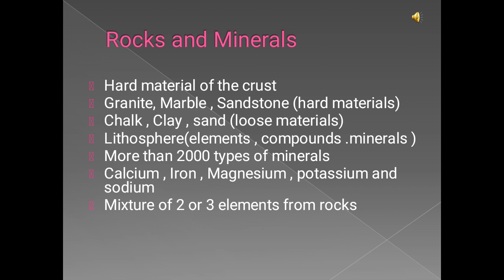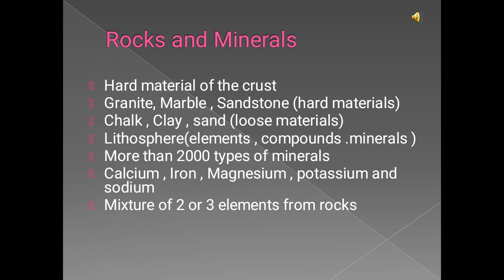They are solid inorganic substances which have a definite chemical composition. More than 2000 types of minerals have already been identified, but only a few of them are rock forming. Not all of them, only a few.